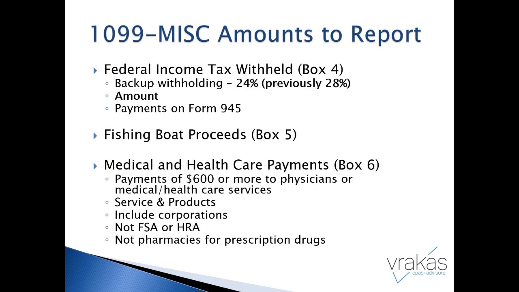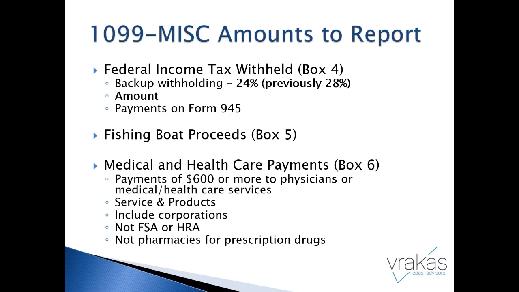Then there is box 4. This is for income tax withholding. Now, if for some reason you have to collect withholding tax from a recipient because they didn't complete a W-9 form and give you an ID number, you're supposed to do backup withholding. If you did do backup withholding and collected it at 24%, then you need to report it on the 1099 miscellaneous.